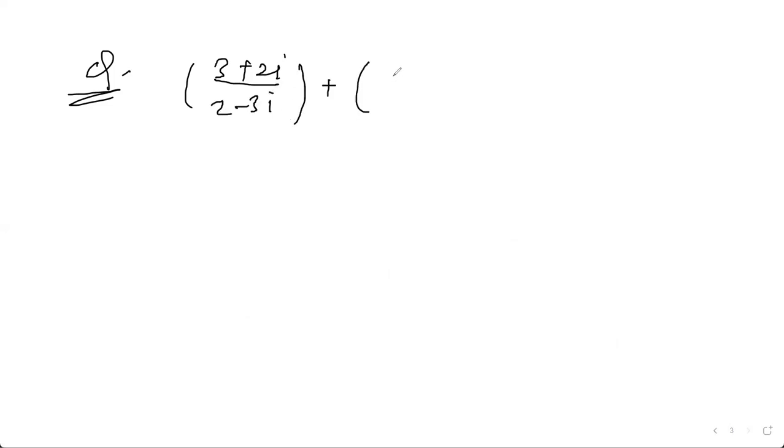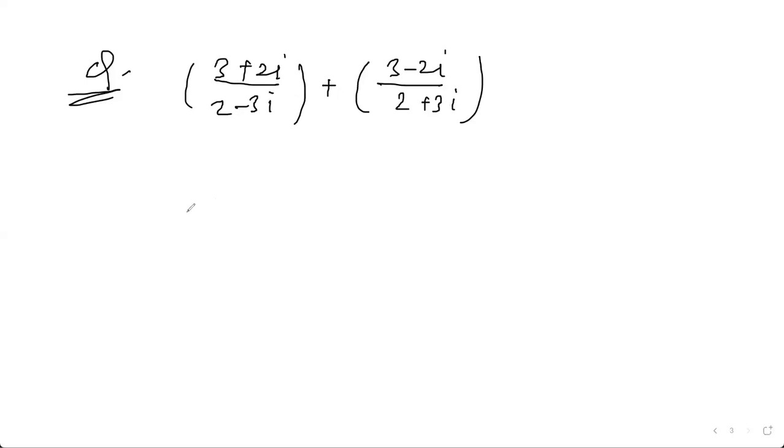And we have another question, where we have to prove that this is also purely real. So we have (3 + 2i)/(2 - 3i) plus (3 - 2i)/(2 + 3i).